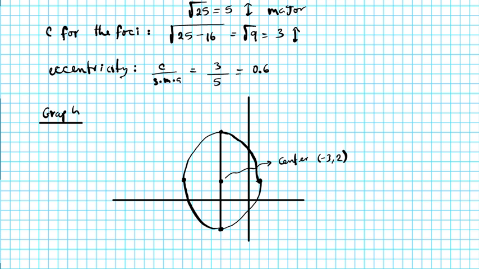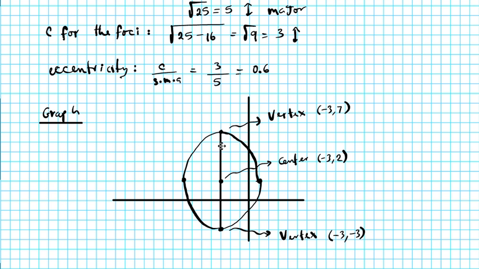From there, going up 5 units to the first vertex, the vertex is -3, 7. And down here is my other vertex, going down 5 units, which takes us to -3, -3.